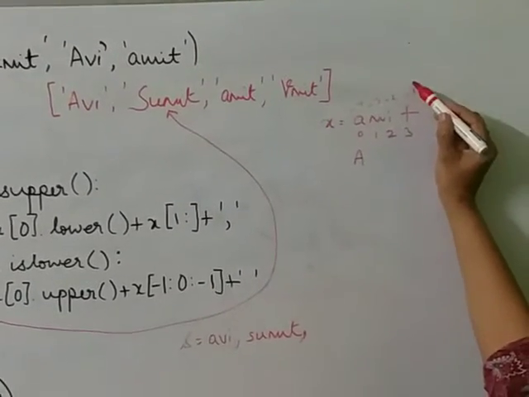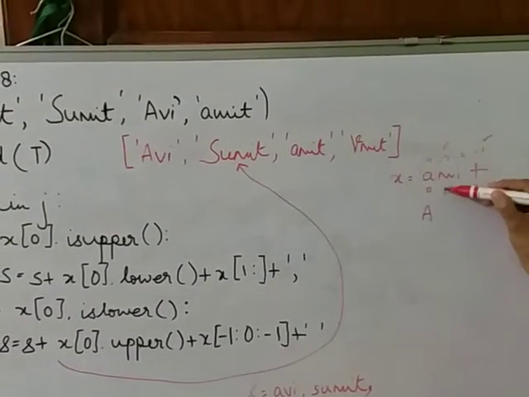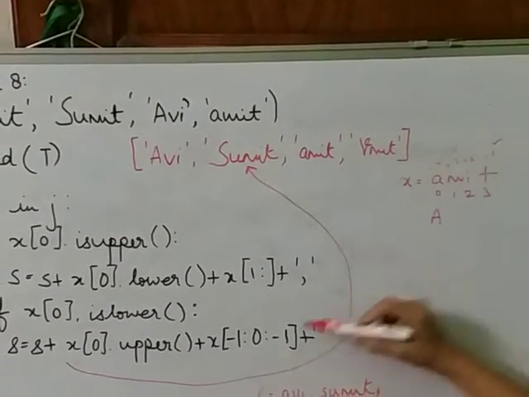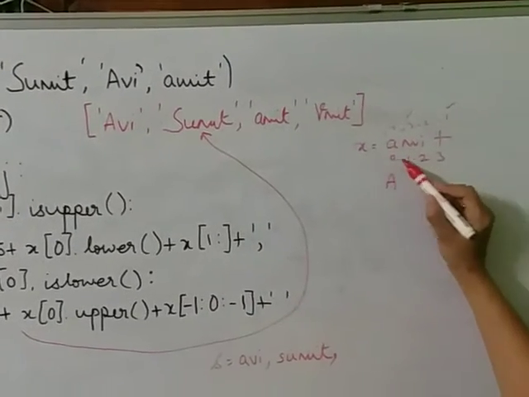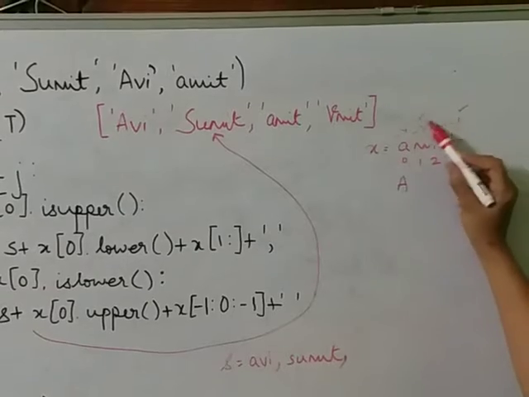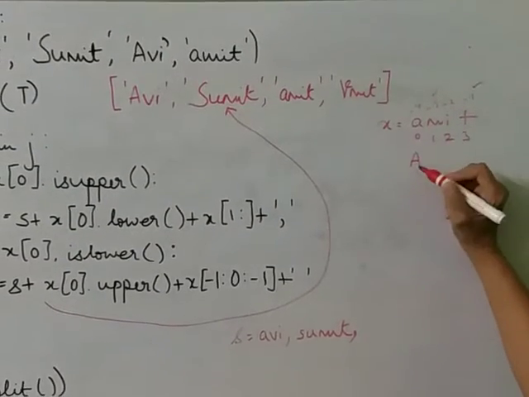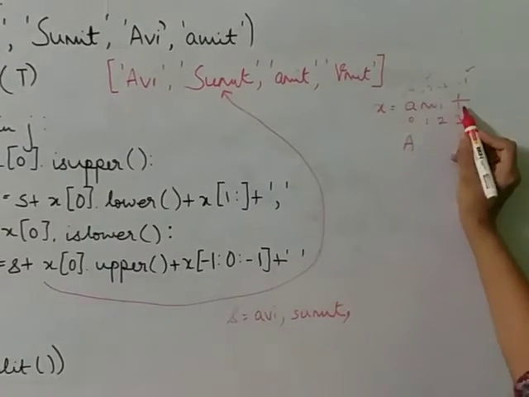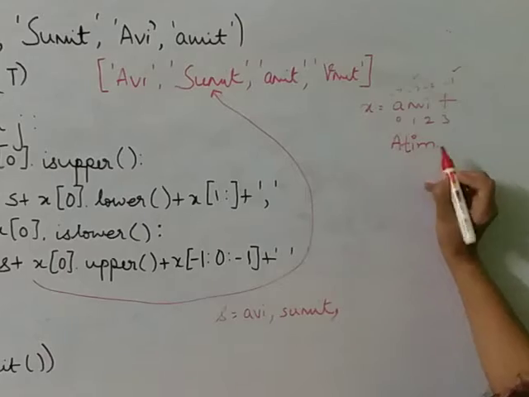That means from -1 it will start and it will move till 1. That means this value. When it is 0, less than 0 it will be, so it will be 1. This is the slicing here. So A, and then the slicing, so T, I and M.